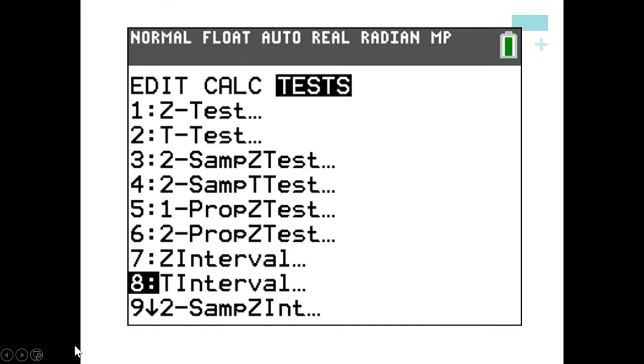And when you go to it, it should give you either data or stats. Data means I entered the data in a list, into list 1, and I want you to find the mean and standard deviation for me in the calculator. Stats is it gave you a mean and standard deviation and asked you to do the formula from there.